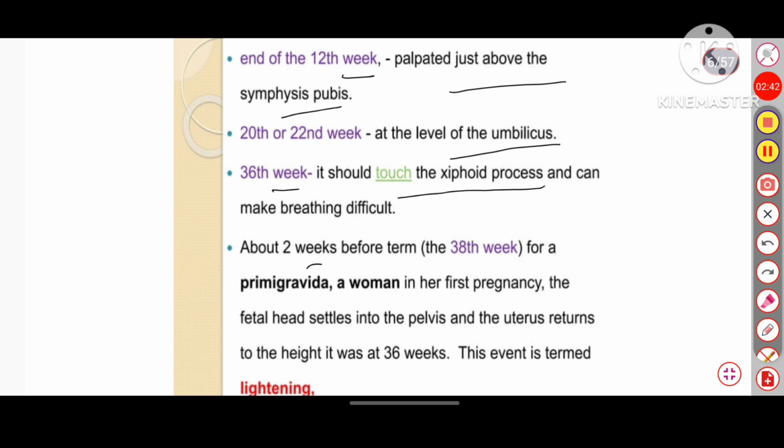For about 2 weeks before term, that is at the 38th week, in a primigravida woman, the fetal head settles down into the pelvis and the uterus returns to the height it was at 36 weeks. The engagement of the head into the pelvis is called lightening.